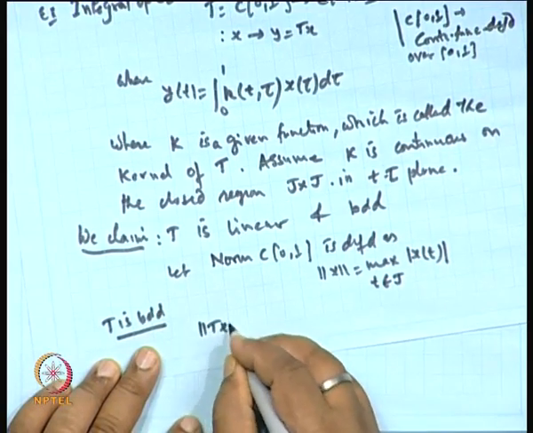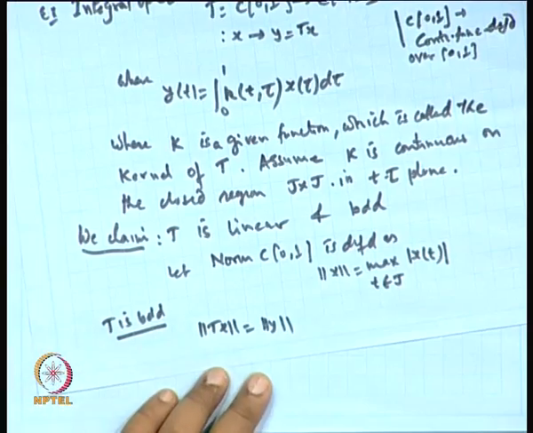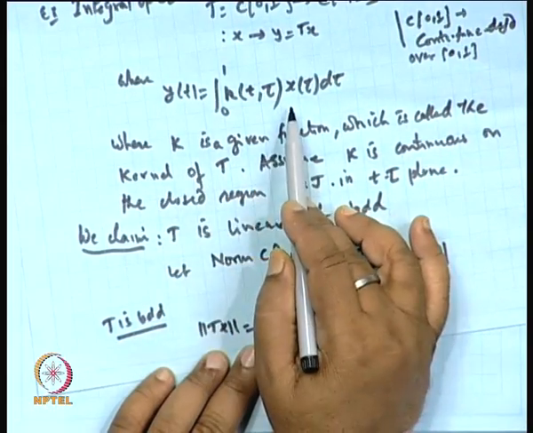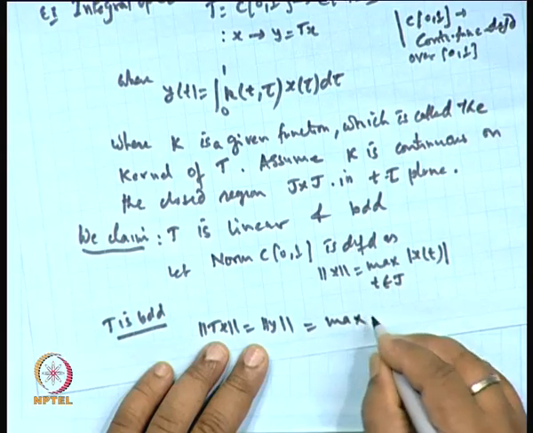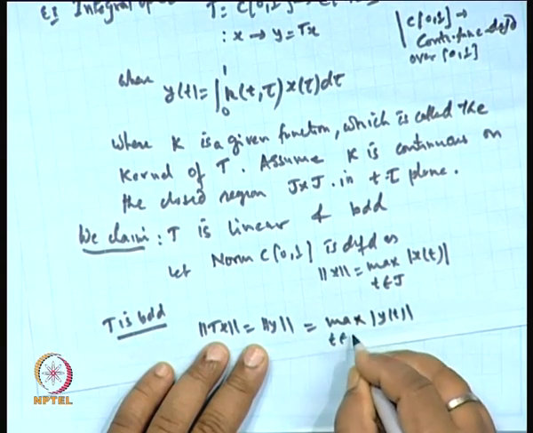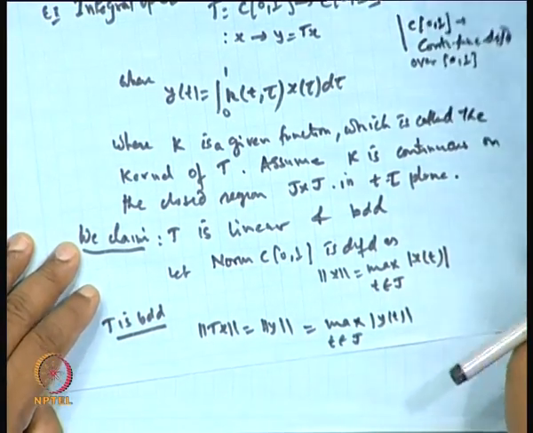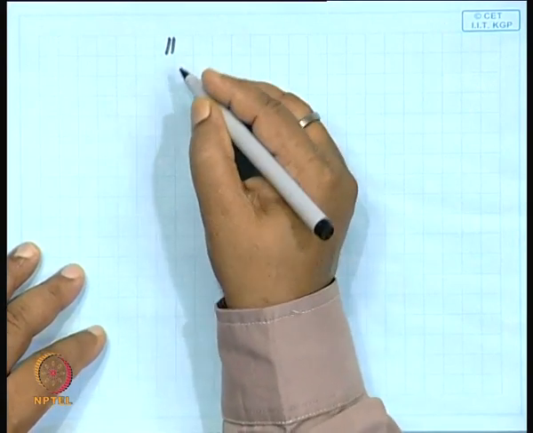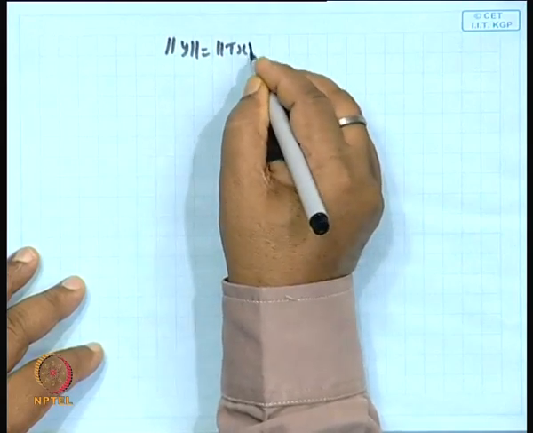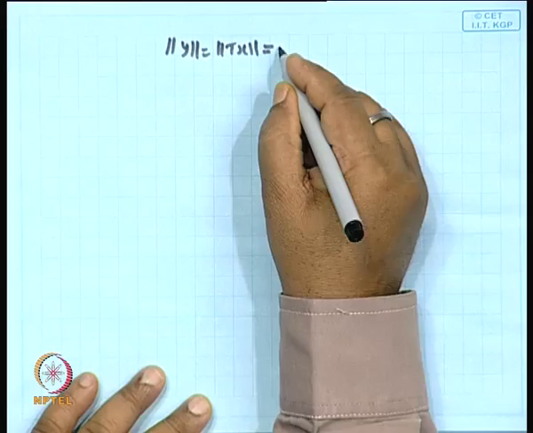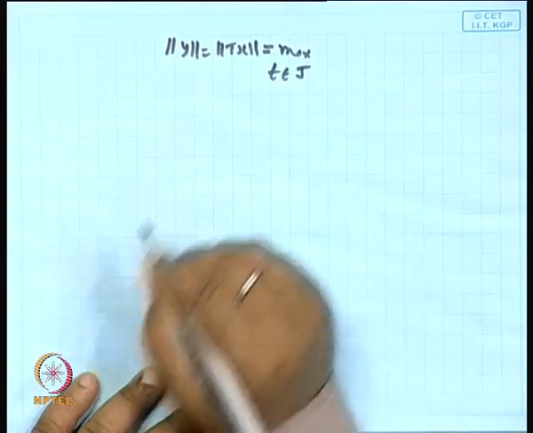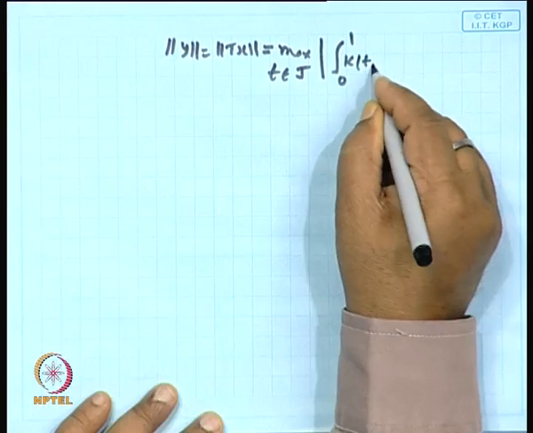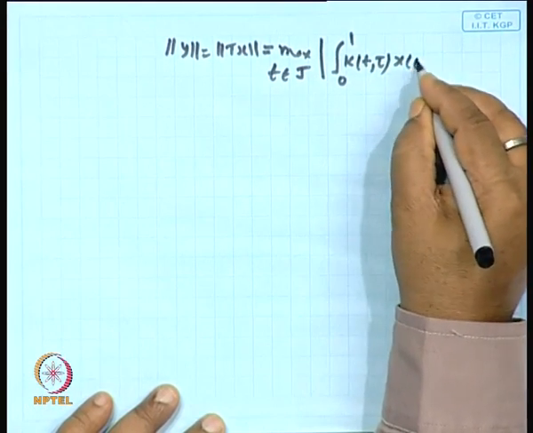What is the norm of Tx? Norm of Tx is equivalent to the norm of y, but the norm of y is the maximum of mod y(t), where t belongs to J. So the norm of Tx is equal to the maximum over t belonging to J of the modulus of the integral from 0 to 1 of k(t, tau) x(tau) d tau.